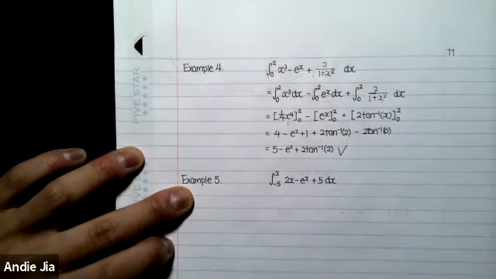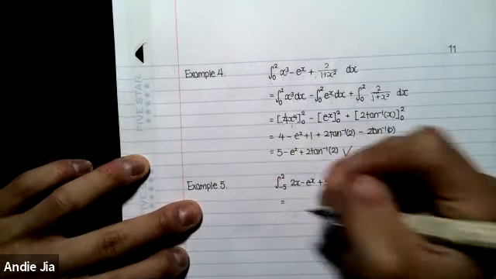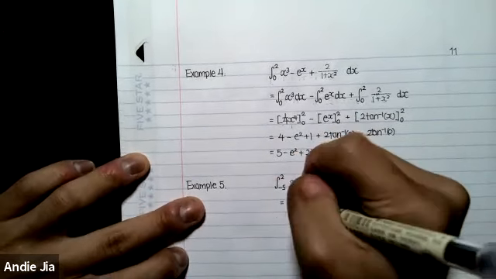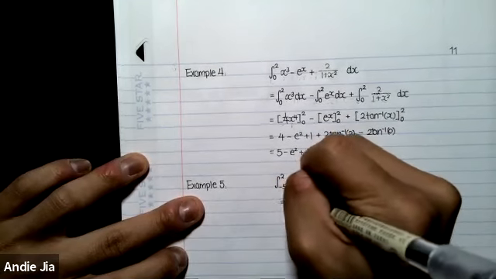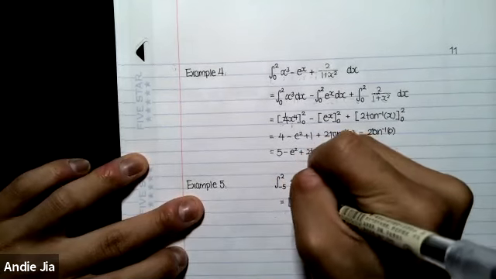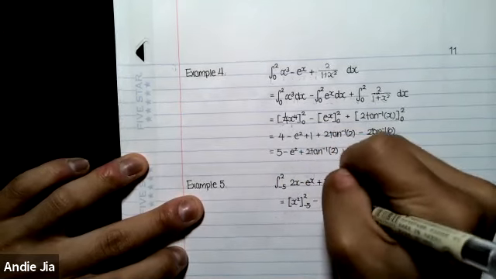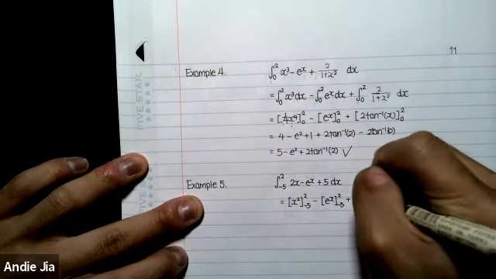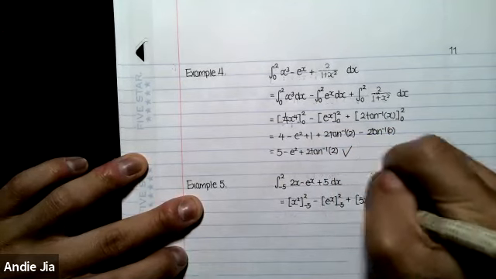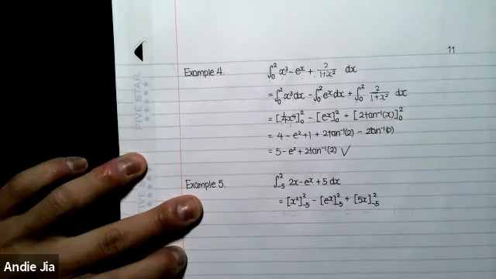Let's try this one. This is the last example here. It'll be 4 minus 25.